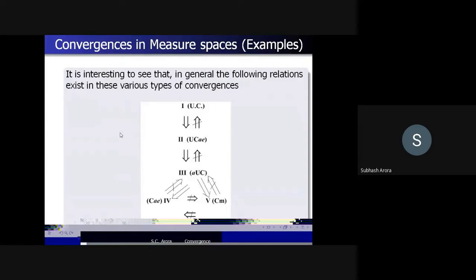Almost uniform convergence implies convergence almost everywhere, and also implies convergence in measure, but convergence almost everywhere and convergence in measure are not related. We will prove them one by one.